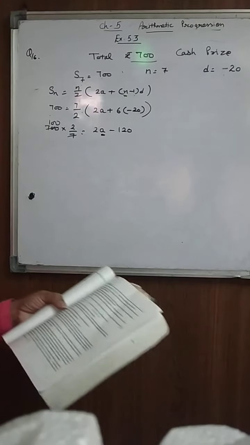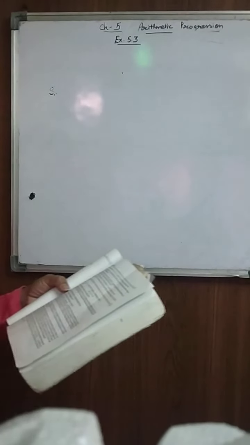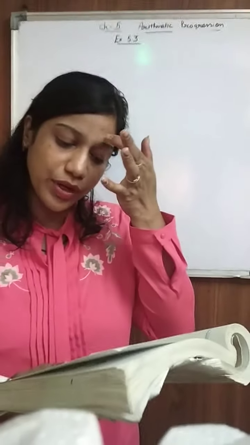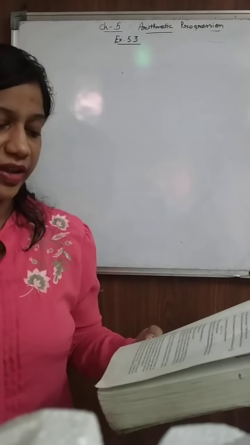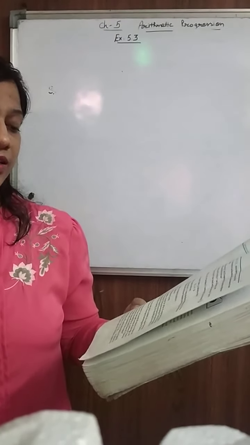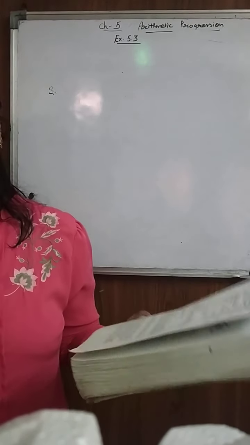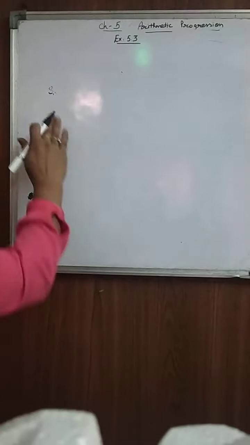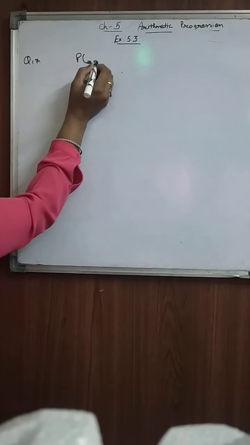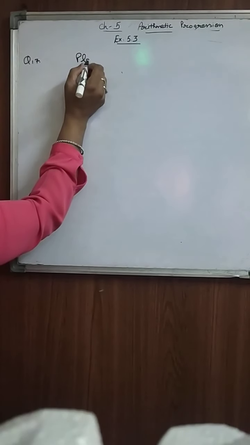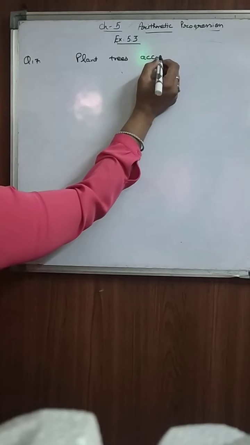17th question. In a school, students thought of planting trees in and around the school to reduce air pollution. It was decided that the number of trees that each section of each class will plant will be the same as the class in which they are studying. What does it mean? He is saying that they will plant trees according to their class.